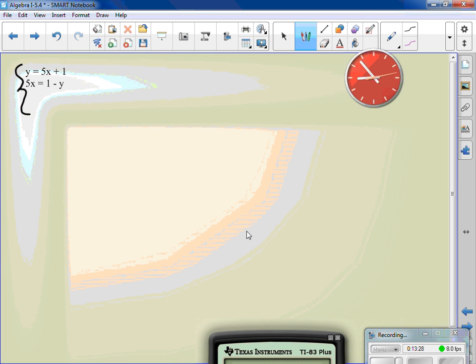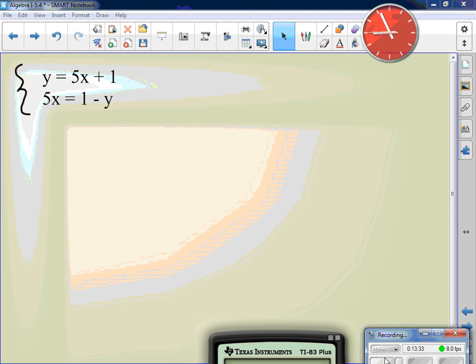Let's try this one. Which method is probably the best? Substitution's probably the best. And there's a reason why I have it written like this. This right here becomes this right here.